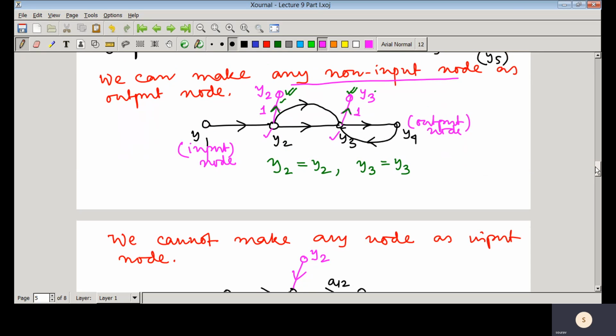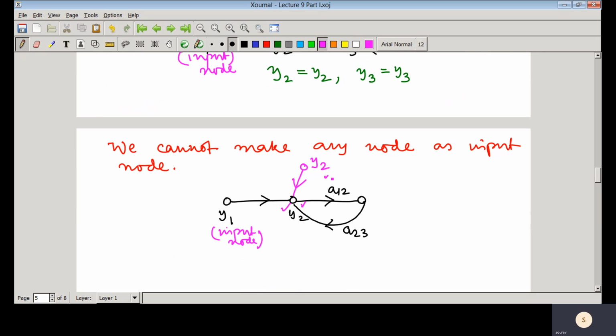Just like for output node, if we make it for input, then what happens? Using signal flow graph algebra, what you had initially is that Y2 equal to, suppose this is 1 again, Y2 equal to Y1 plus A23 Y3.